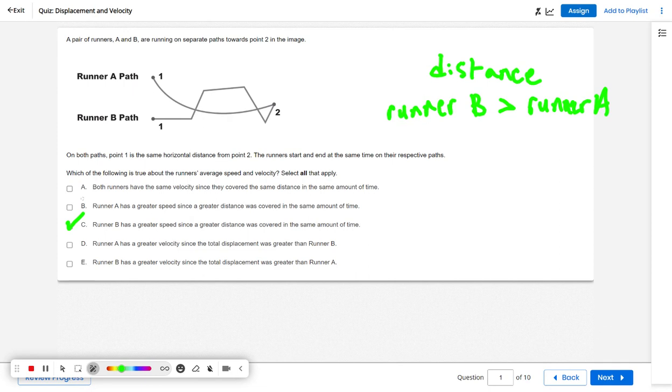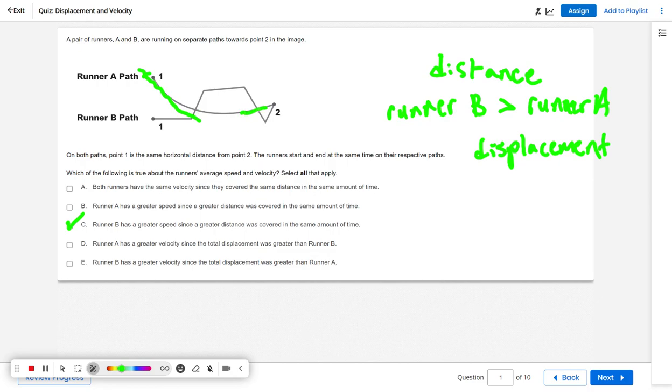Now, with that, we know runner A has a greater velocity because we don't really see much of a change when it comes to the velocity. We don't see much of a change when it comes to the displacement. As you see, the displacement is fairly consistent, where most of it has a negative slope, and then you have a slight positive slope.